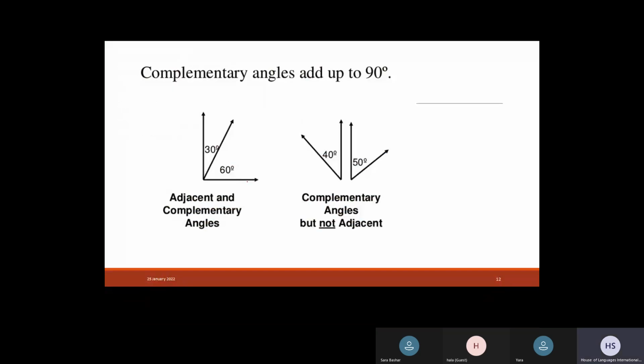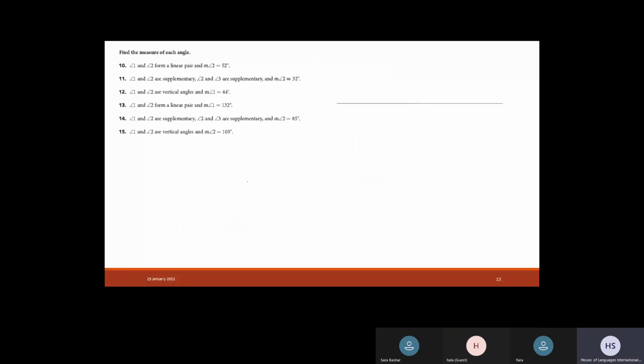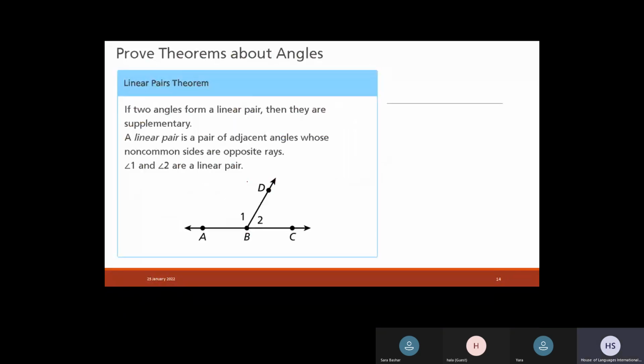I will put the slides on Classeur. Every time you will find the slides on Classeur. Now, let's repeat. What is the linear pair? If two angles form a linear pair, then they are supplementary. A linear pair is a pair of adjacent angles that have non-common, opposite rays with an adjacent side.